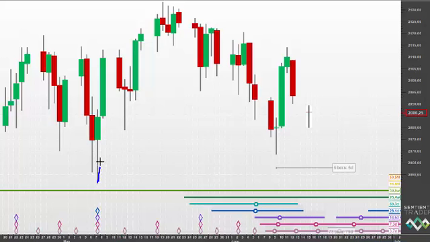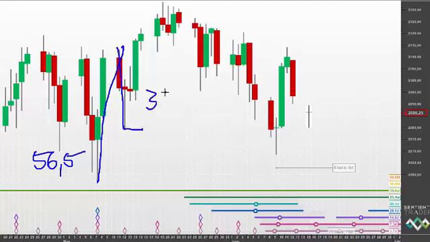Let me just write those numbers down here. From that low up to this high, that is a move of 56.5 points. And then this retracement over here is a move of 34, or a retracement of 34.25. Now, what is that as a percentage? If we work that out, it's about 61%.